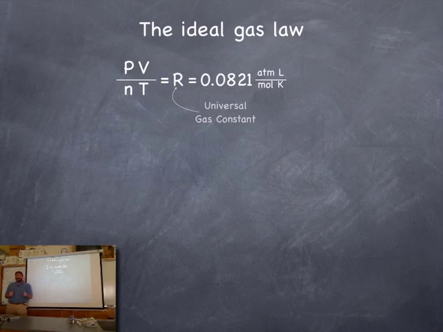Because that other half of the equation we did, the one where we knew all 4 variables, was equal to 0.0821. Always. Okay? It's the way gases behave under ideal conditions, which is most of the time. So we can rearrange this equation to solve: pressure times volume equals moles times RT, or PV equals nRT.